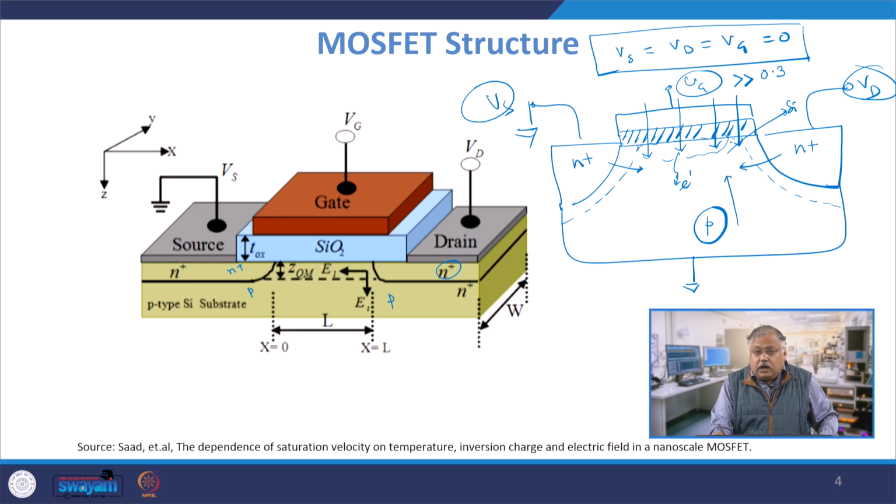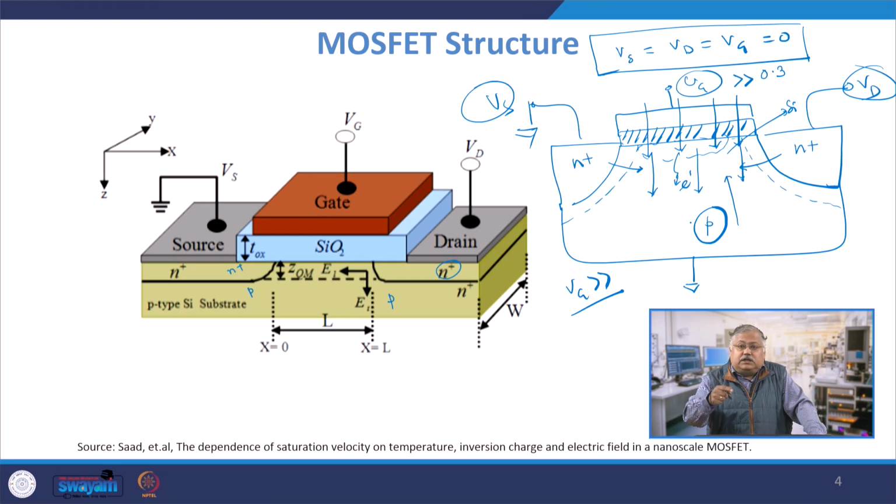So now what I will do is still go on increasing the gate voltage. What will happen is that the holes which were initially here will be pushed here, and the electrons will be pulled up. So there will again be a p-n junction diode, and there will also be a depletion region formed near the source, near the channel region.